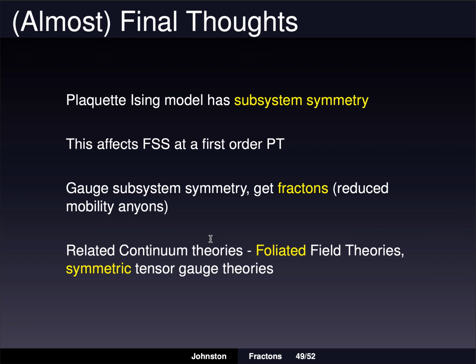Some of them are confined, they can't go anywhere. Other ones can only go along lines. There are related continuum theories, foliated field theories, and symmetric tensor theories that are related with these fractonic models. It's been an area of considerable interest in condensed matter theory over the past couple of years. There's been an explosion of work on it.